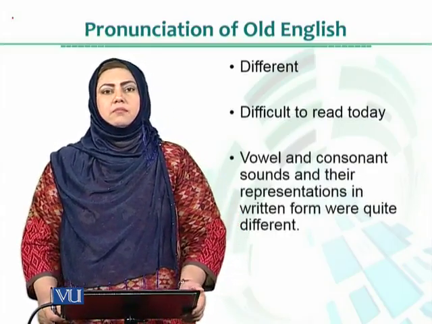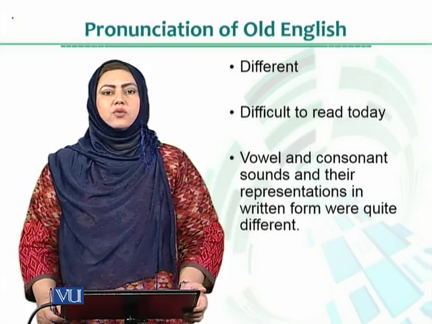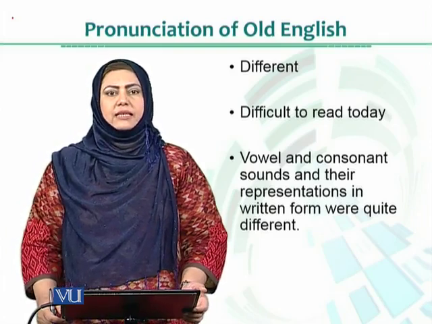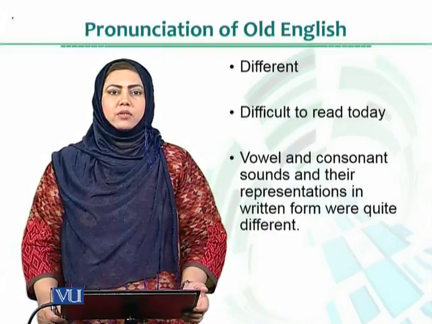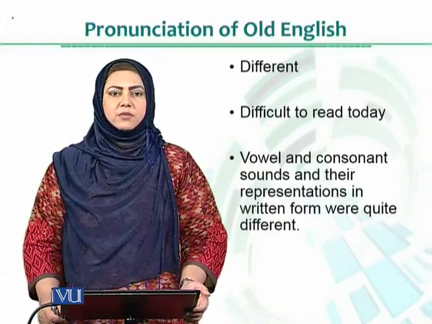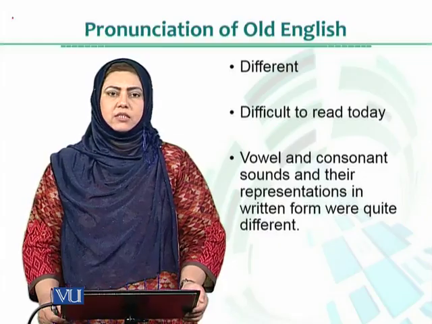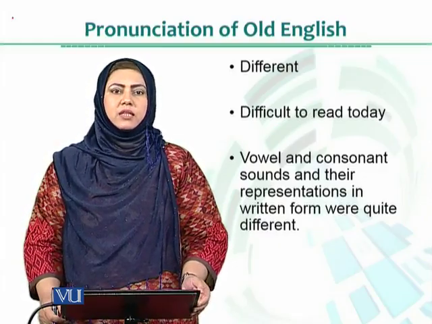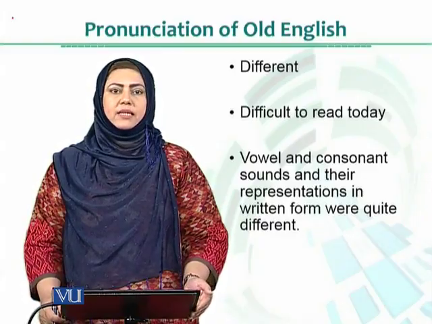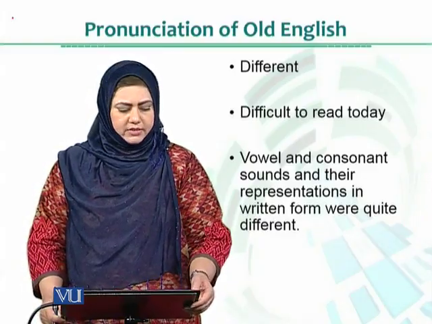As you know, there are two main types of sounds in any language, vowels and consonants. So English language has gone through changes both in terms of vowels and consonants. However, in the current session, I am focusing only on the production as well as representation of vowel sounds.